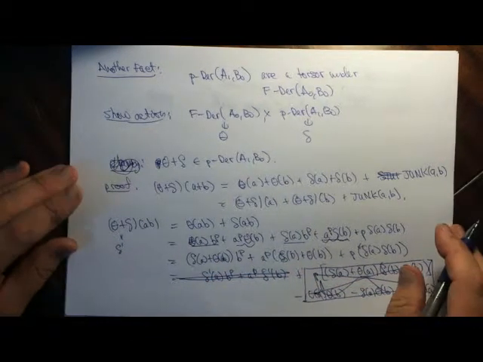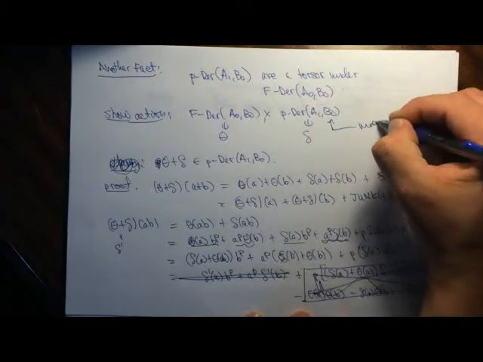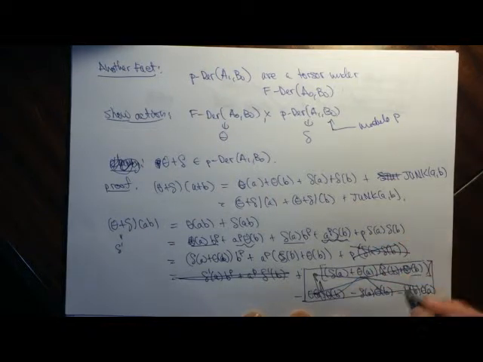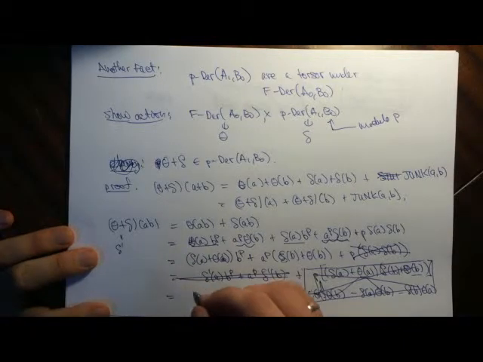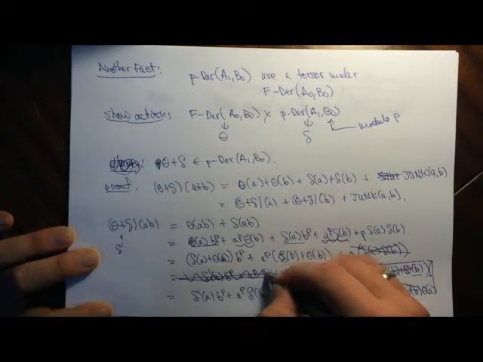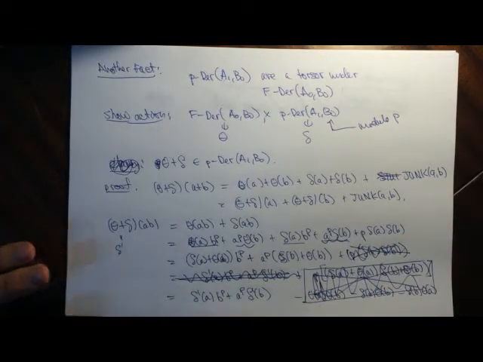The trick is that this is mod P. So we're working modulo P. So here, this goes away. And now this becomes delta prime of A, B to the P, plus A to the P delta prime of B. So that's the correct version.